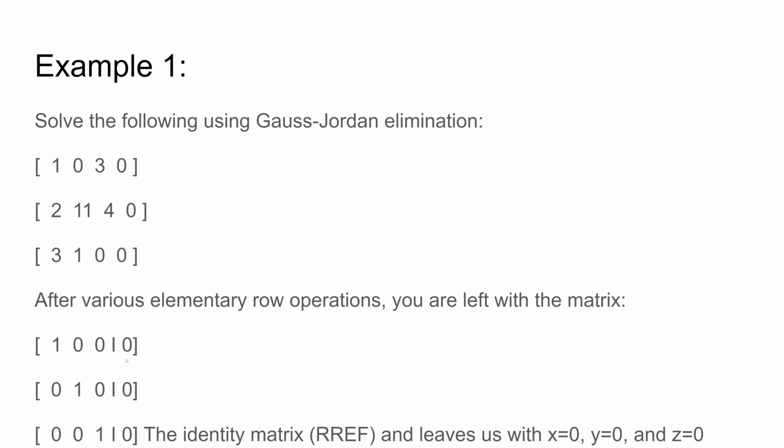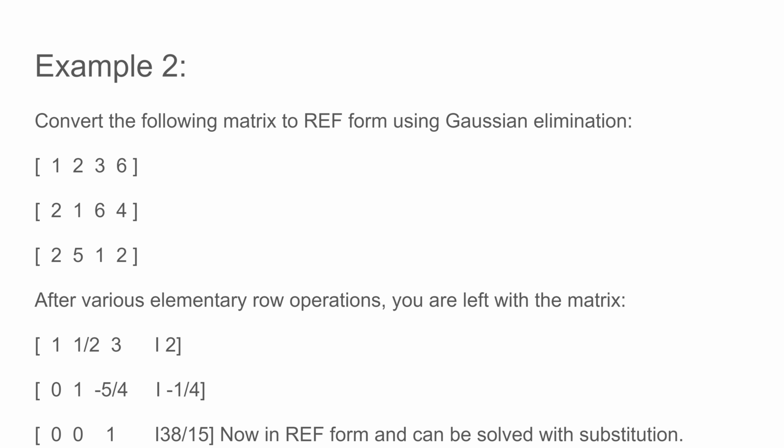And in this case, since the right-hand side is 0, 0, 0, it tells us that our solutions are x equals 0, y equals 0, and z equals 0. Each column represents each variable. It could be in RREF form, but the right-hand side could be 4, 1,000,000, and 10 for the solutions. And it would just mean x equals 4, y equals 1,000,000, and z equals 10. See how that works?